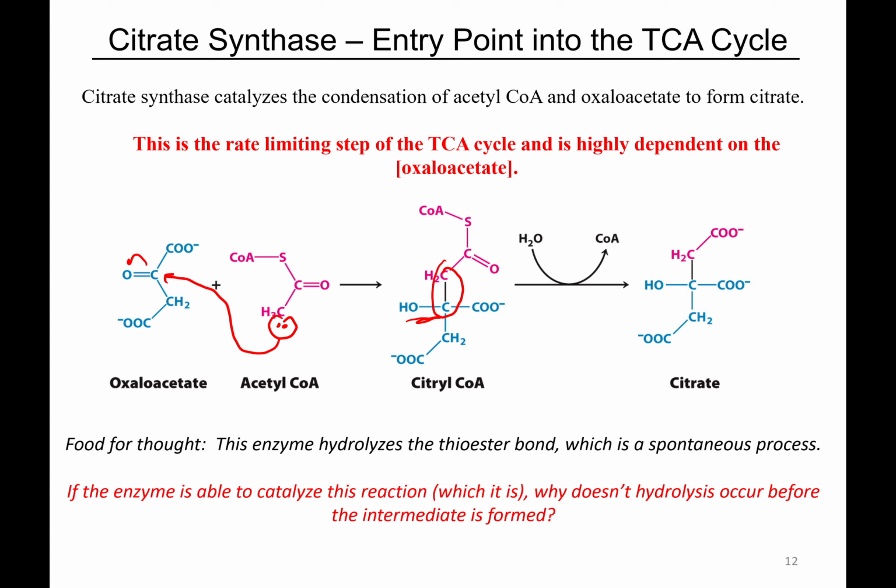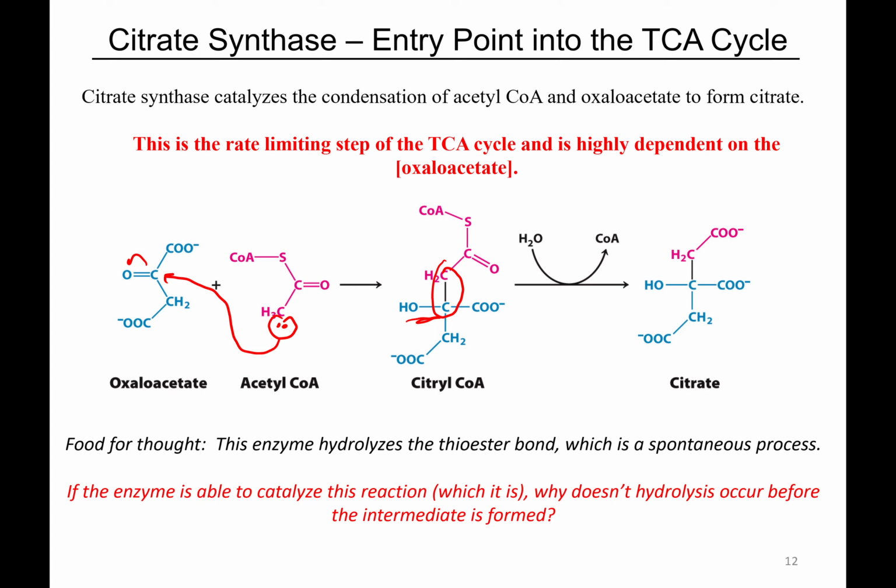That's a very possible way of stabilizing the transition state. But that doesn't prevent hydrolysis. The idea is that hydrolysis of these high energy bonds is spontaneous. And if the enzyme is capable of decreasing the activation energy to make it kinetically viable, then there has to be a way of preventing this second step from happening first, because this is the spontaneous step.